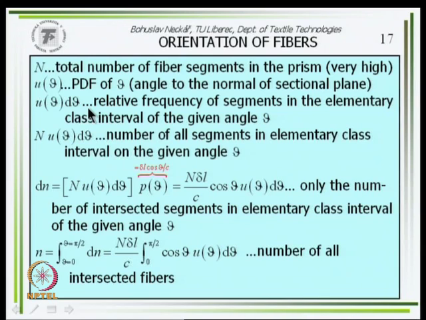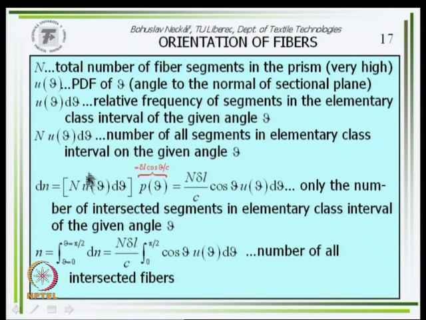It's a relative frequency of segments in the elementary class interval of the given angle theta, isn't it? Then N times U theta d theta, relative frequency times total number, is the number of cases in the class. You know it also from laboratory and so on. So N times U theta d theta is the number of all segments in the elementary class interval of the given angle theta.